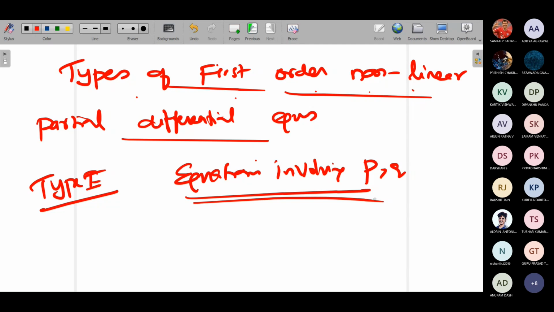So what did you say about the linear? You said the power should be same.